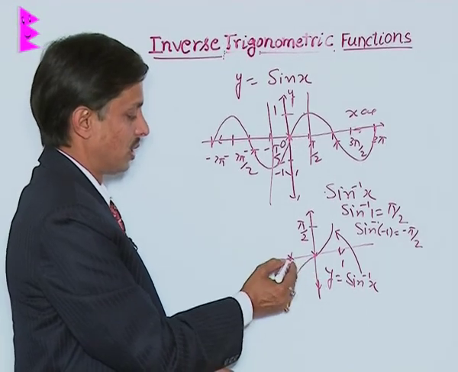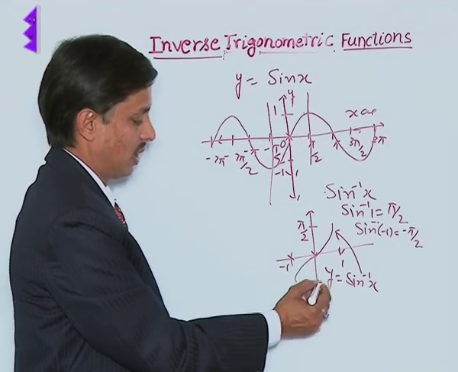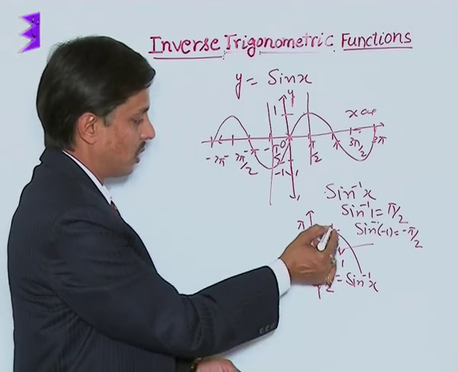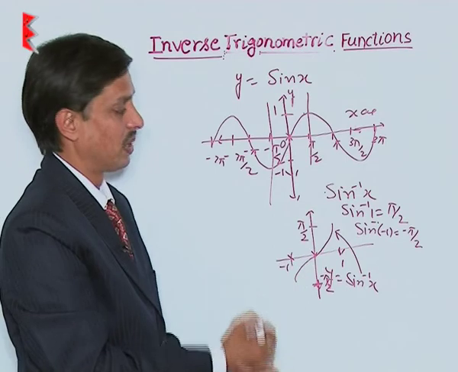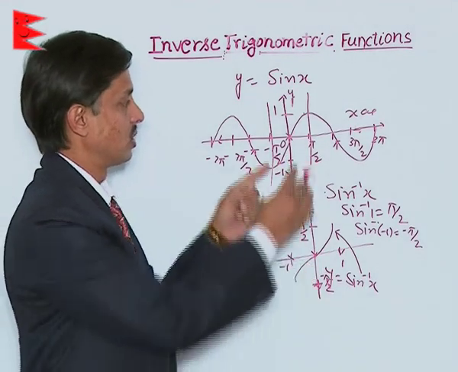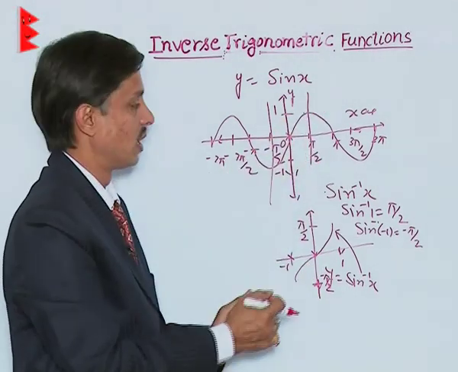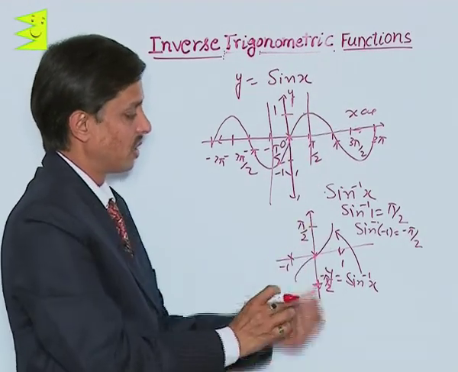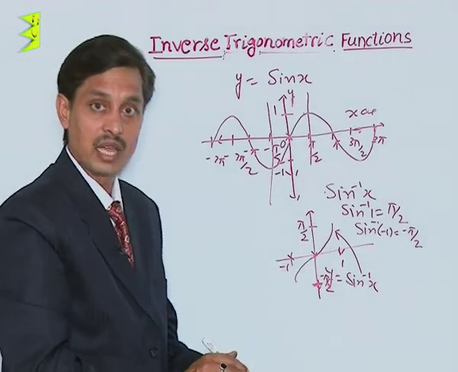As you know it is minus 1, so here I am taking minus pi by 2. So the graph of sin inverse x in the principal branch comes like this as shown here. This is the graph of sin x and this curve shows you the graph of sin inverse x.